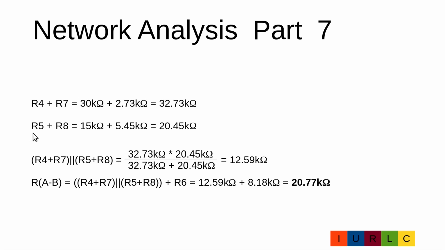The total resistance of the serial connection R5 and R8 is 20.45 kilo ohm. The total resistance of this parallel circuit is 12.59 kilo ohm, and the total resistance of all 5 resistors from A to B is 20.77 kilo ohm.